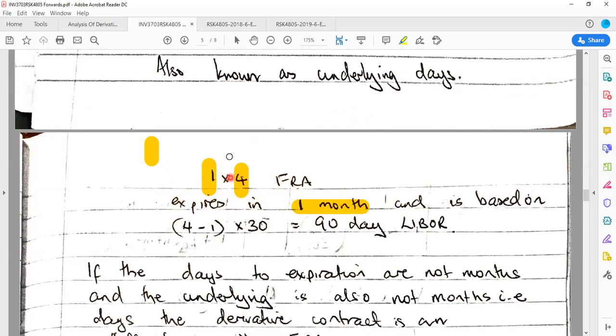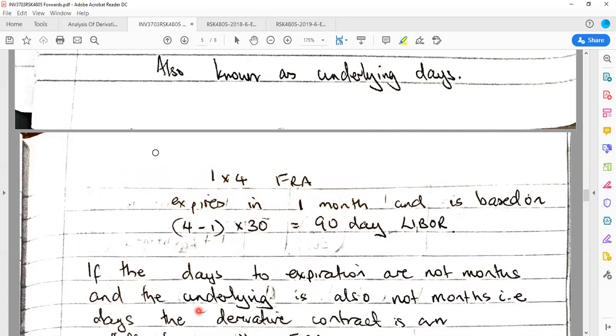Then we can multiply these 3 months by 30 to change it to days. So you want to borrow or lend for 90 days, and you want to do that in 1 month. That's when the contract is expiring. So that's what these notations of 1/4 or 3/4 mean, right?